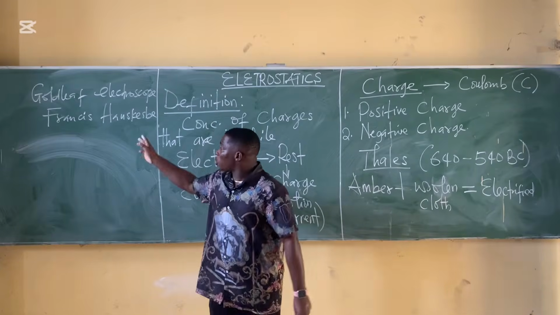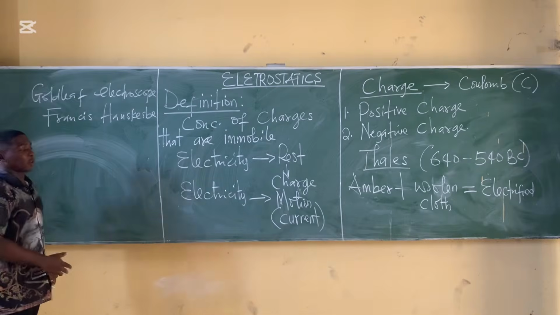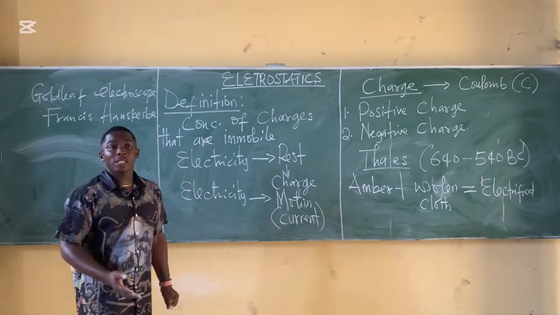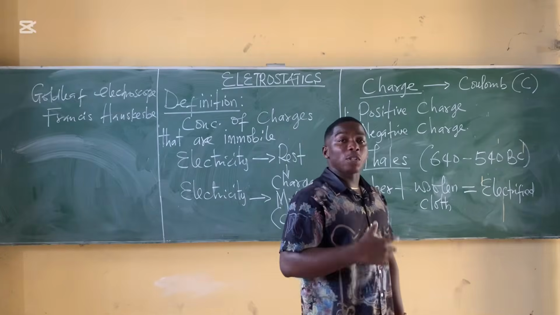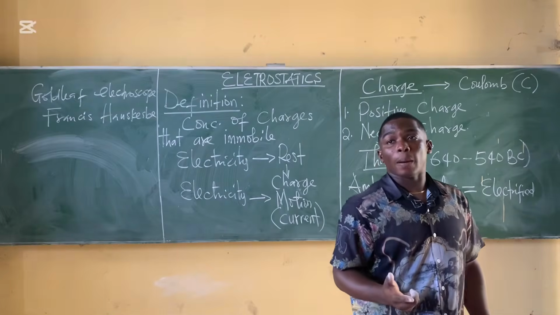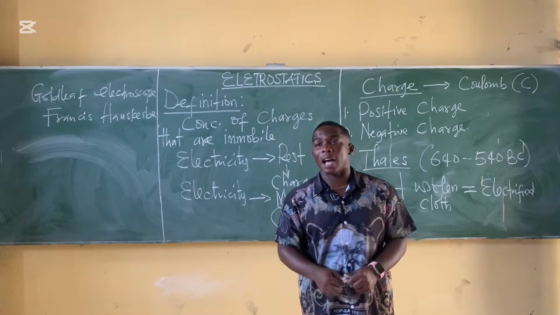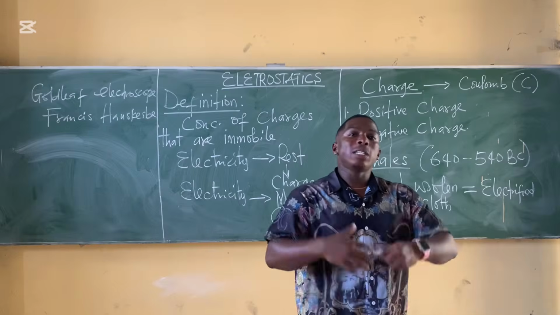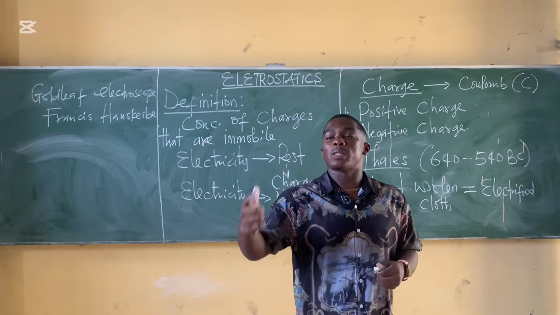Alright? So we said the instrument used to detect electric charge is the electroscope, and it works on the principle of conservation of what? Charges. Charges can neither be created nor destroyed, but can be transformed from one form to another. Alternatively, you can state the law of conservation of electric charge as the total or the net charge in a system is always equal to zero.